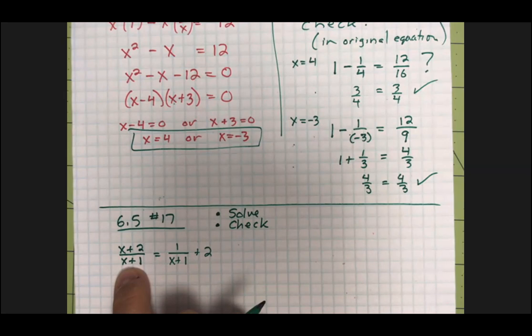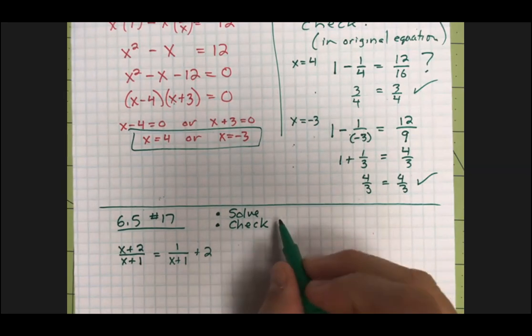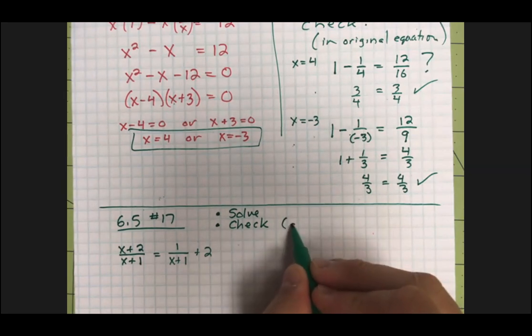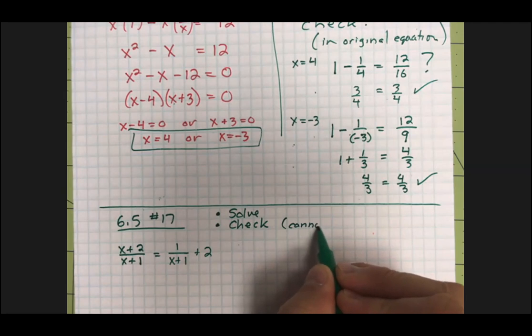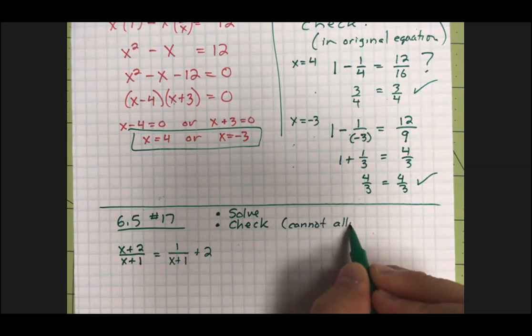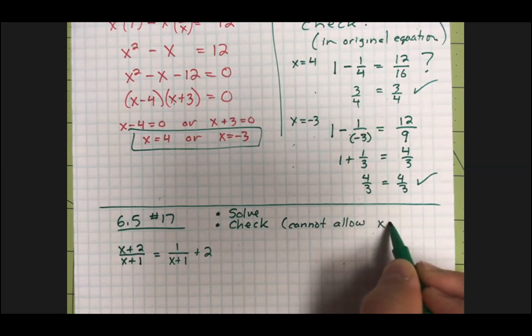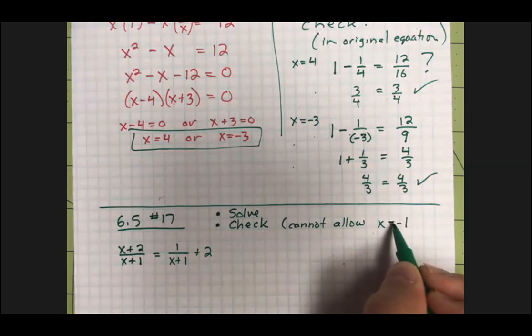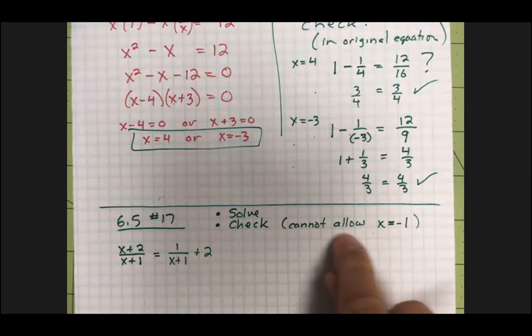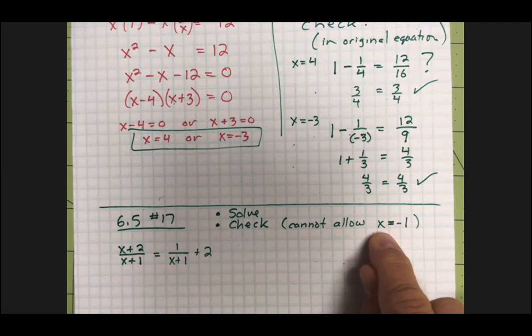If x is -1, you're in trouble. If x is -1, you'll be dividing by 0. That's not allowed. So just make a note: I cannot allow x equals -1. If I say that at the beginning, then I won't forget it. If I don't say it at the beginning, I'll forget to check.